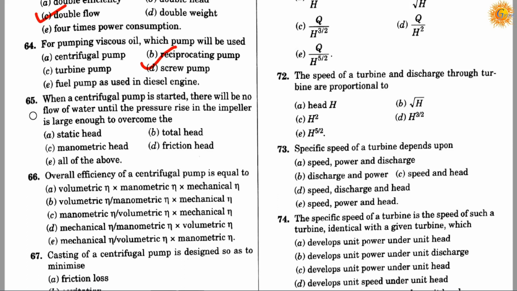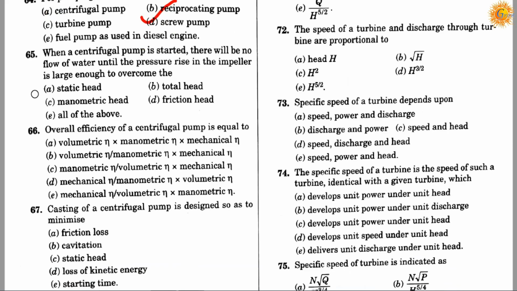Okay, question number 65. When a centrifugal pump is started, there will be no flow of water until the pressure rise in the impeller is large enough to overcome the option A static head, option B total head, option C manometric head, option D friction head, option E all of the above.